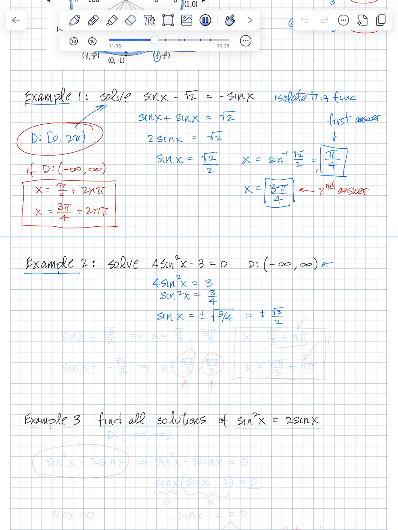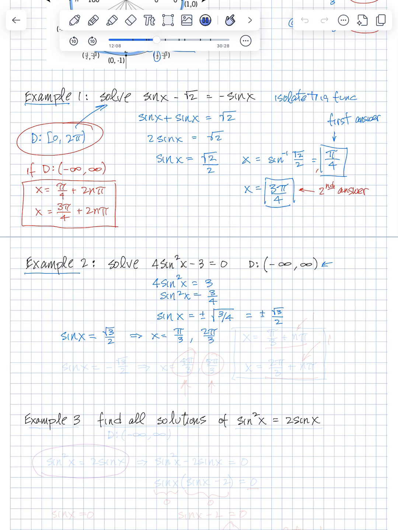So let's just start with sine x, and we'll take the positive square root of 3 over 2. And you can look on the unit chart, and that gives x is equal to pi over 3. And the second answer is 2 pi over 3.